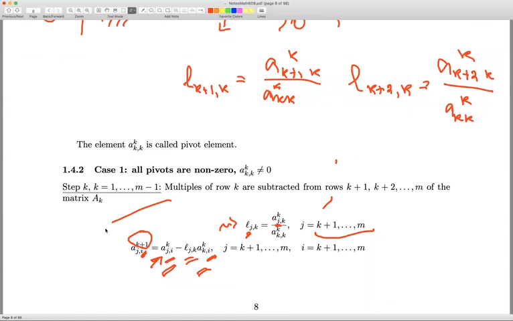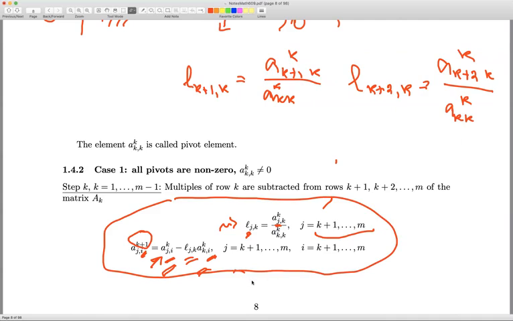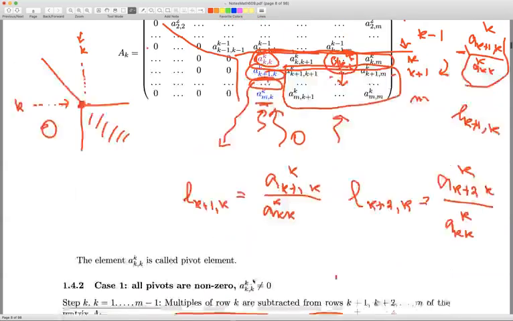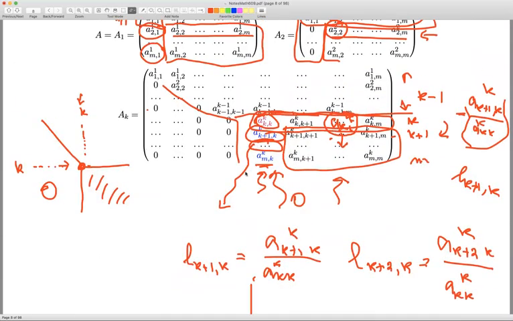So this is the main algorithm, or the main rules by which we perform Gauss elimination at step k, for k from 1 to m minus 1. And the idea is to make all the blue terms at step k to be 0.